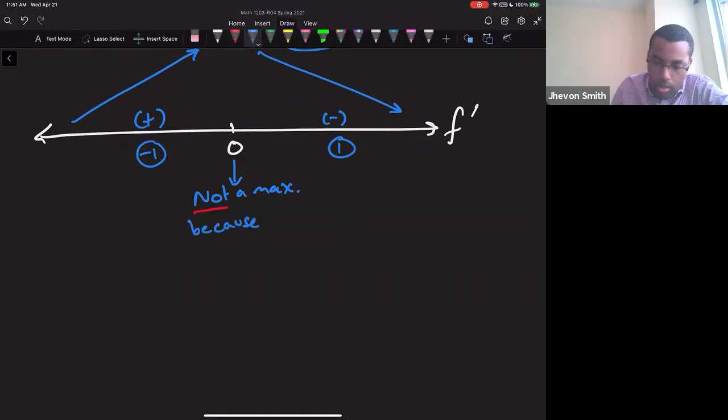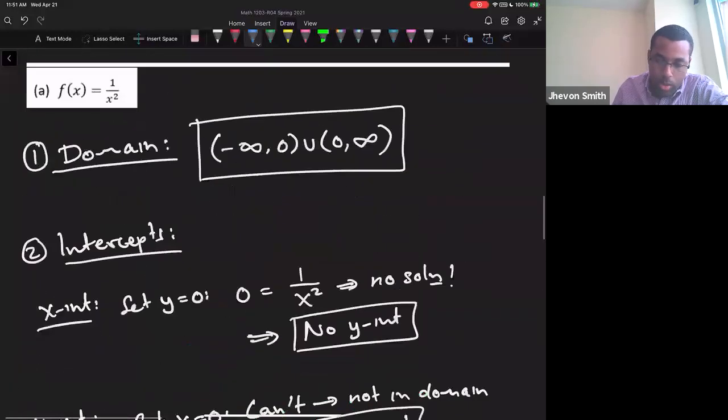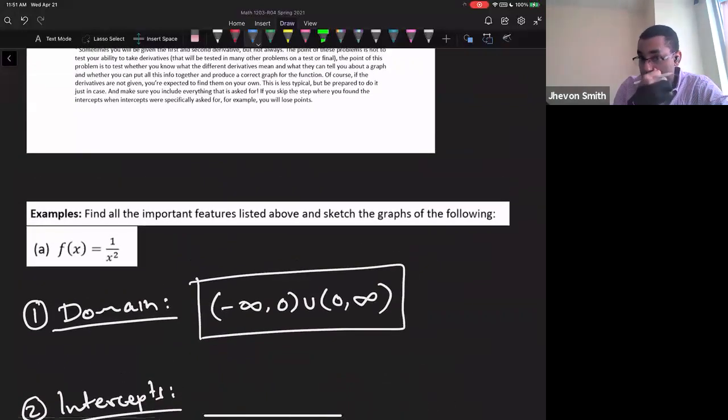There are several ways you can say it: f is not continuous at 0, or you can say x equals 0 is not in the domain. And that's why step 1, even though it kind of seems silly at this point, oh, you can obviously tell the domain, why do you need to make that even a step?